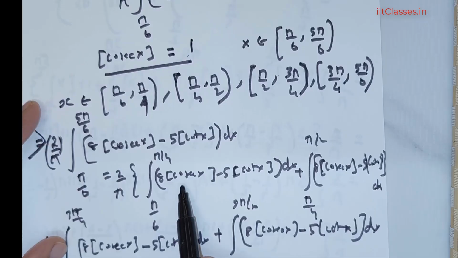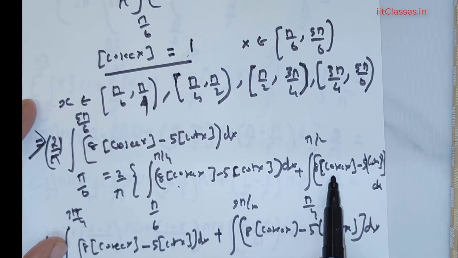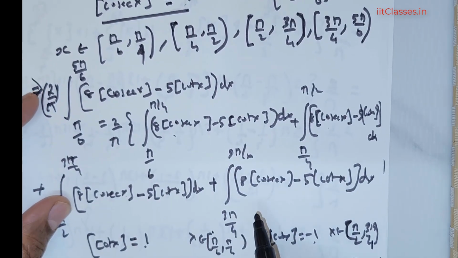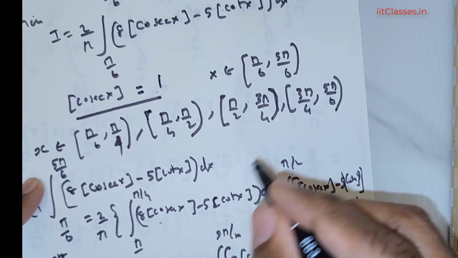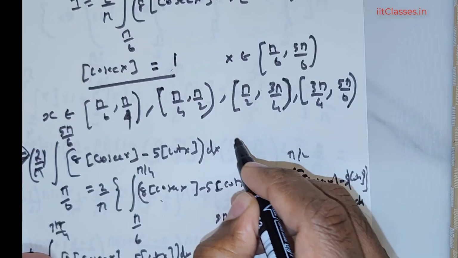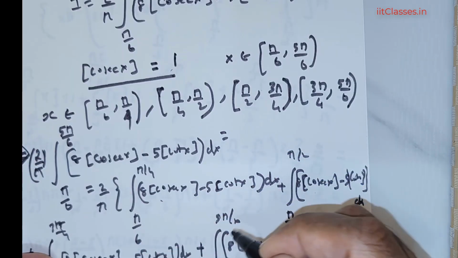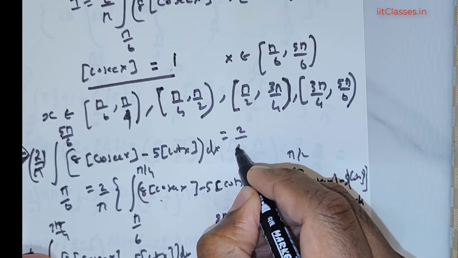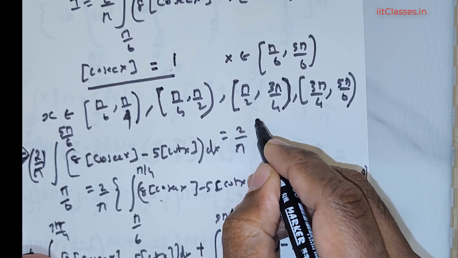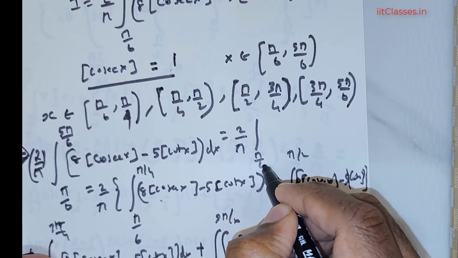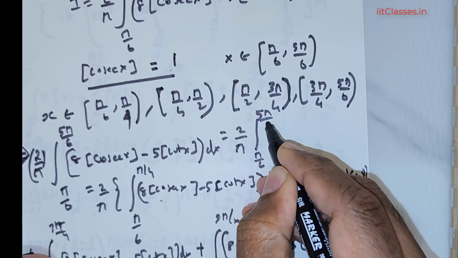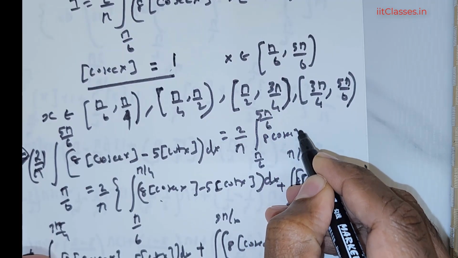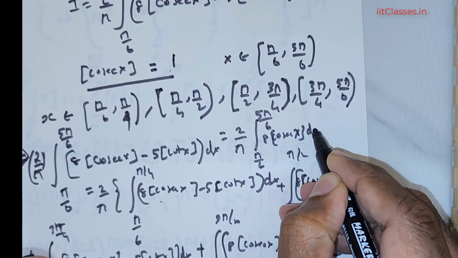Now, just a quick tip here. If you see here, I actually included cosecant x for all these steps. Actually, you don't have to do that. I just want to scaffold it, so that's the reason I have placed the presence of cosecant x. Now, what you can do is rewrite this as 2 over pi integral pi over 6 to 5 pi over 6, 8 times the greatest integer value for cosecant x dx.